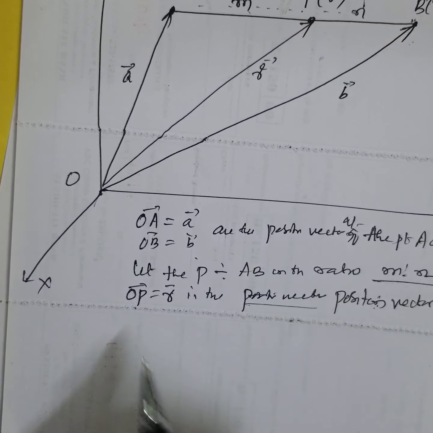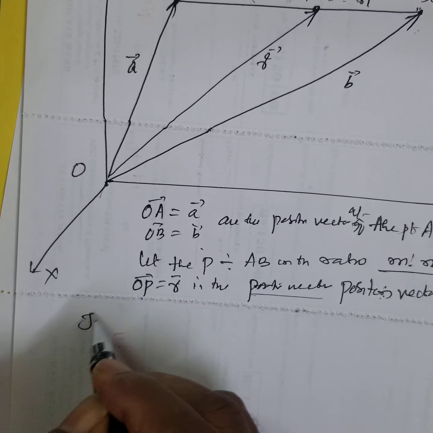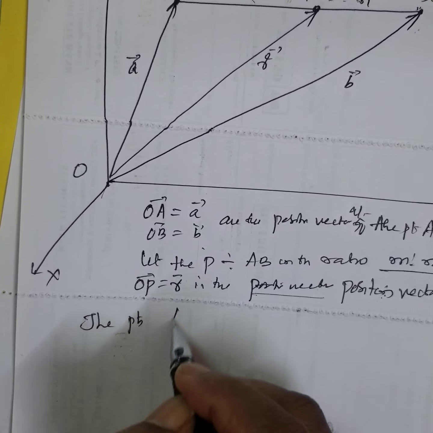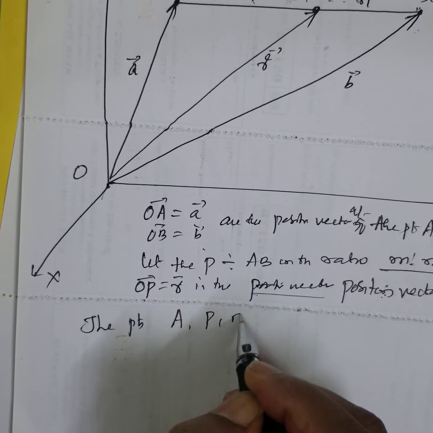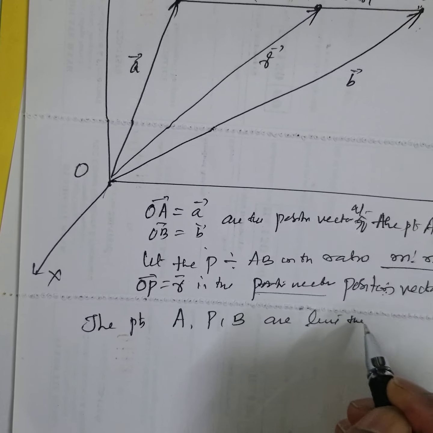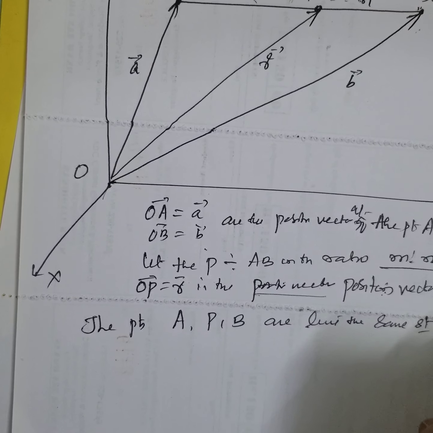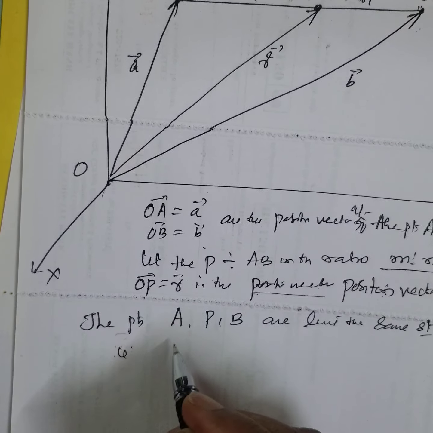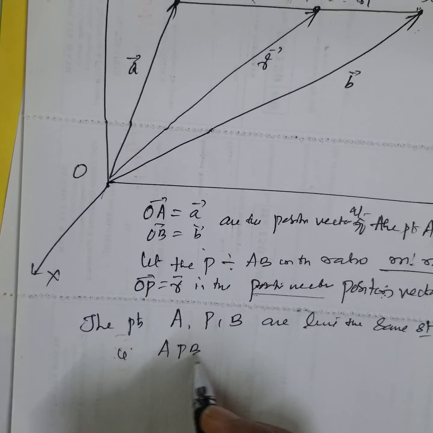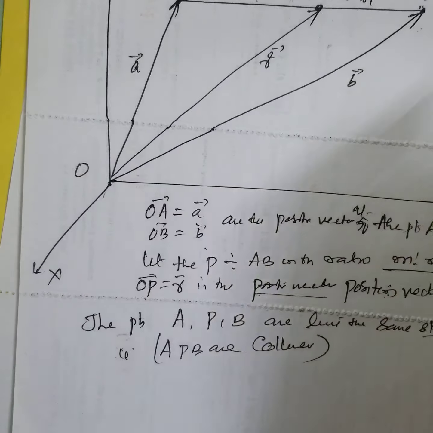They divided in the ratio M is to N. Then the points A, P, B lie on the same straight line, that is A, P, B are collinear.